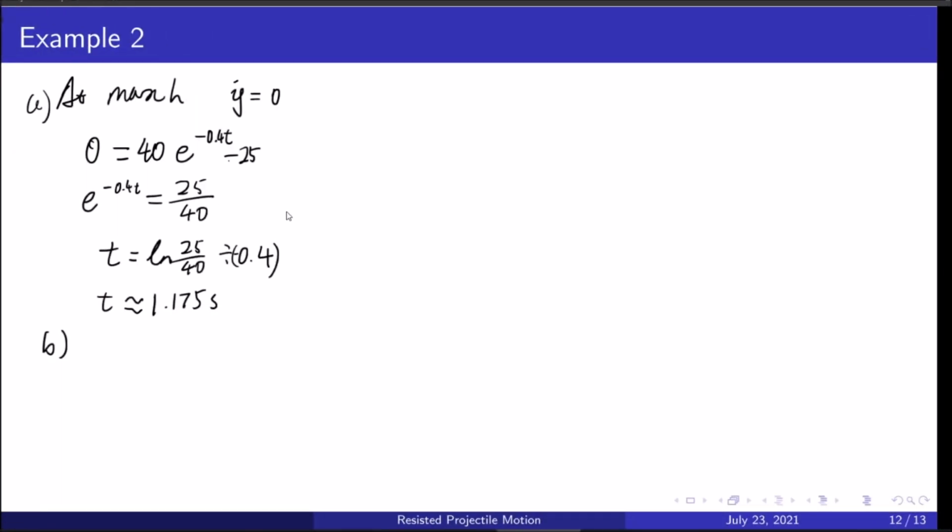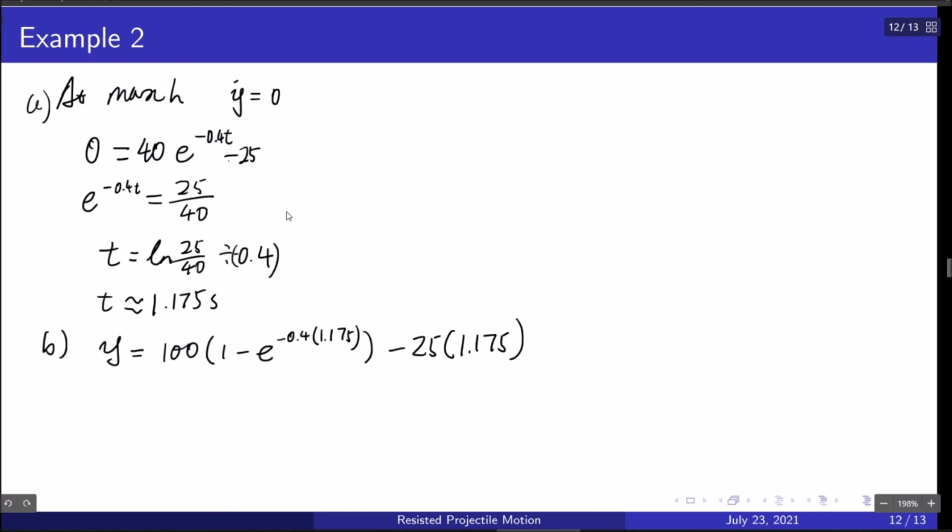So for the actual height, we have to substitute this t value into the height equation. So y equals 100(1 - e^(-0.4 times 1.175)) minus 25 times 1.175.